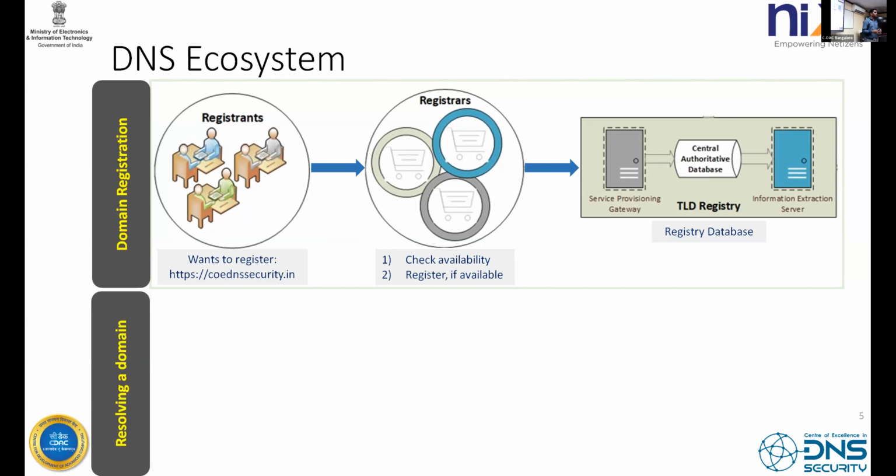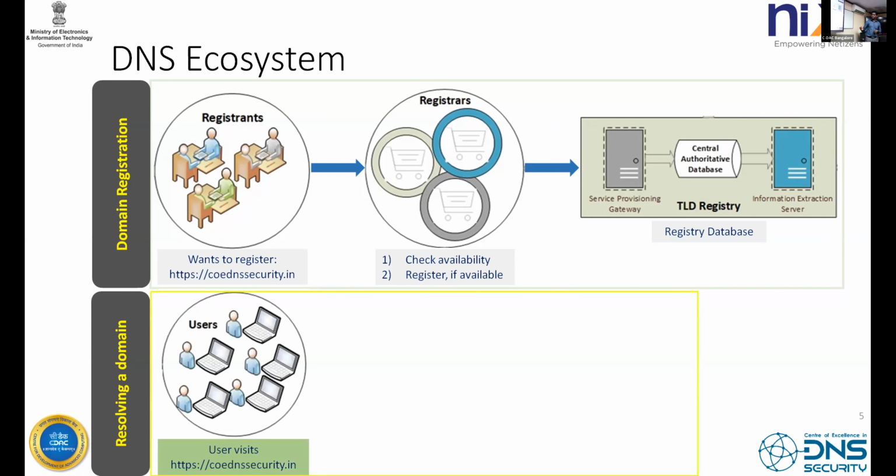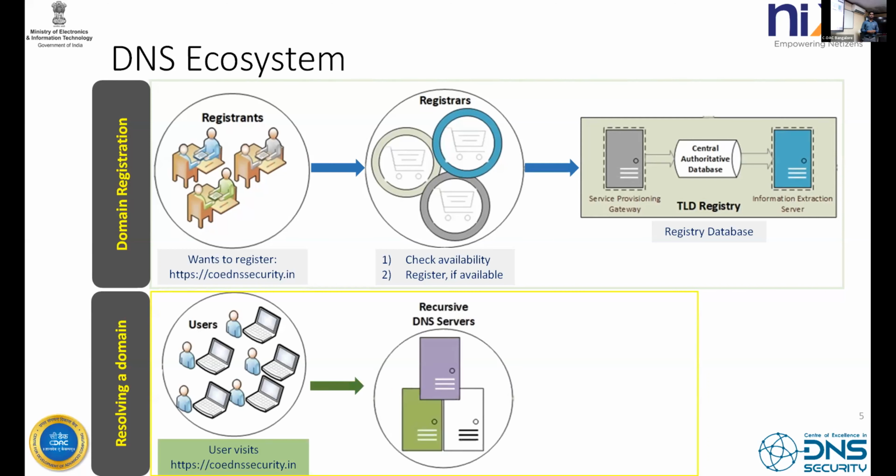So now, how does the domain get resolved? A person wanting to access coidnssecurity.in, how does it get resolved? A user visits coidnssecurity.in. I hope it's visible. The first access to any domain name will end up at the recursive resolvers, at the closest recursive resolver, and which recursive resolver is contacted depends on the service provider we are connected with, right?